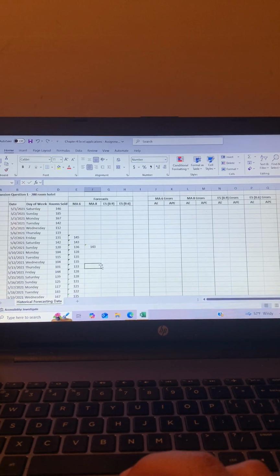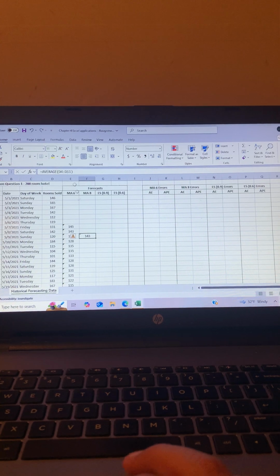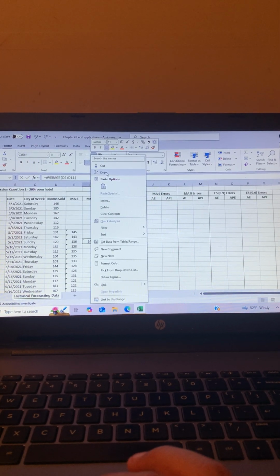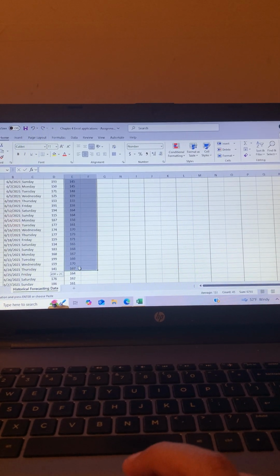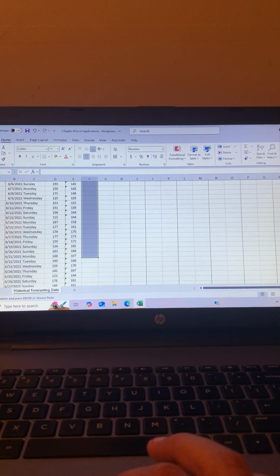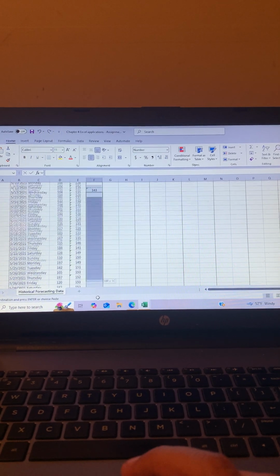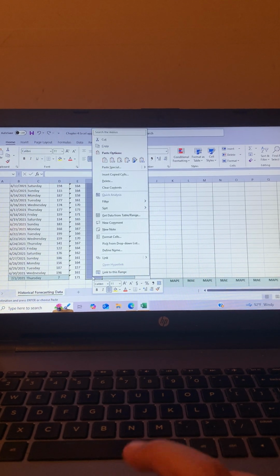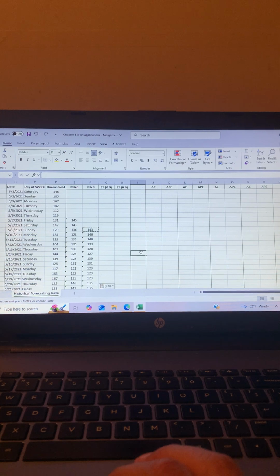And then it should give us our average for that day, for our 8-day. And then we're going to copy and paste the column. And then that's our 8-day calculations.